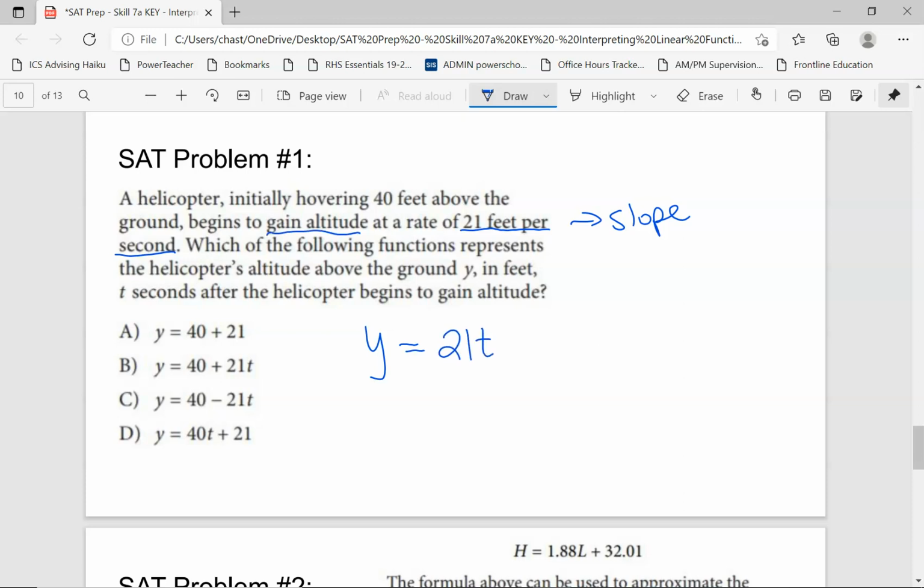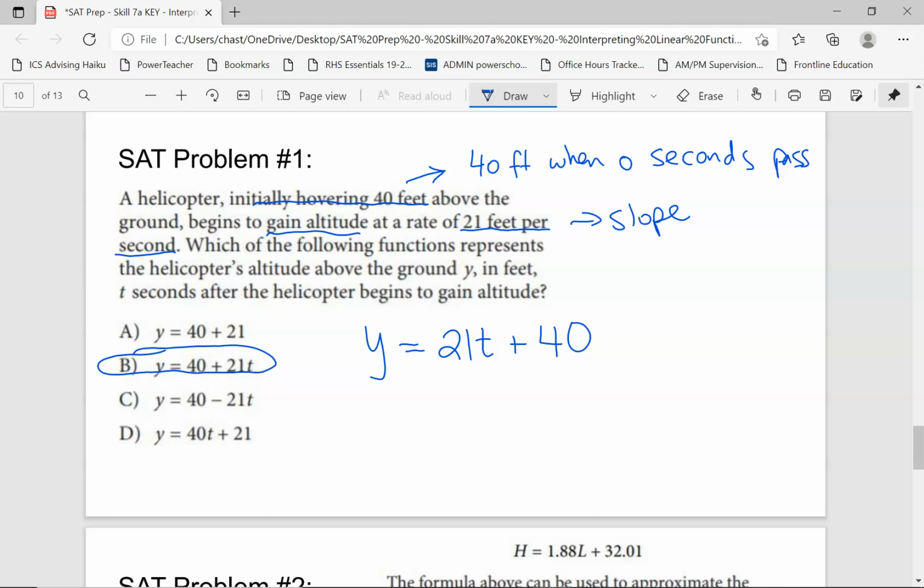Okay, and it says we're gaining in altitude. We were initially hovering at 40 feet, so that means 40 feet when 0 seconds pass. So plus 40 is like our y-intercept. So our correct answer is going to have to be B. Even though they wrote the y-intercept first, that's okay. That can happen.